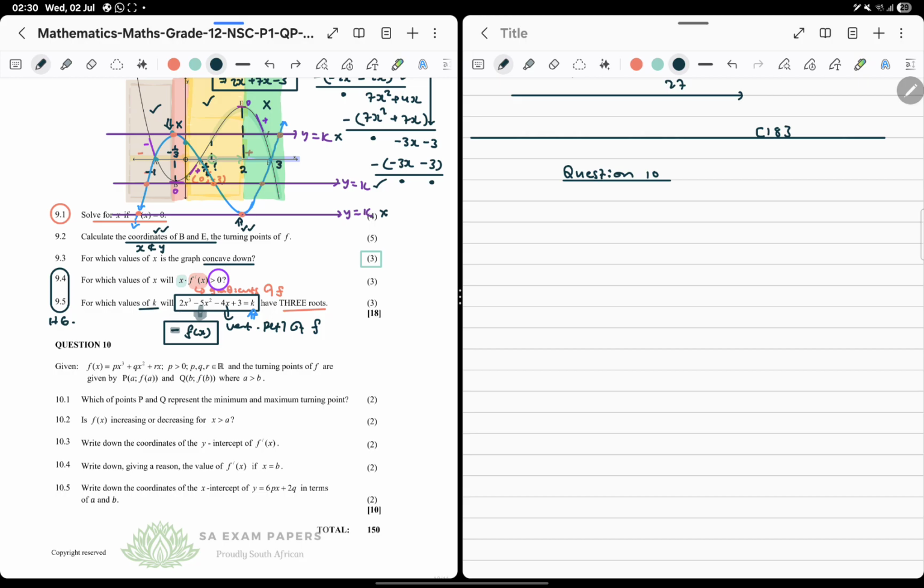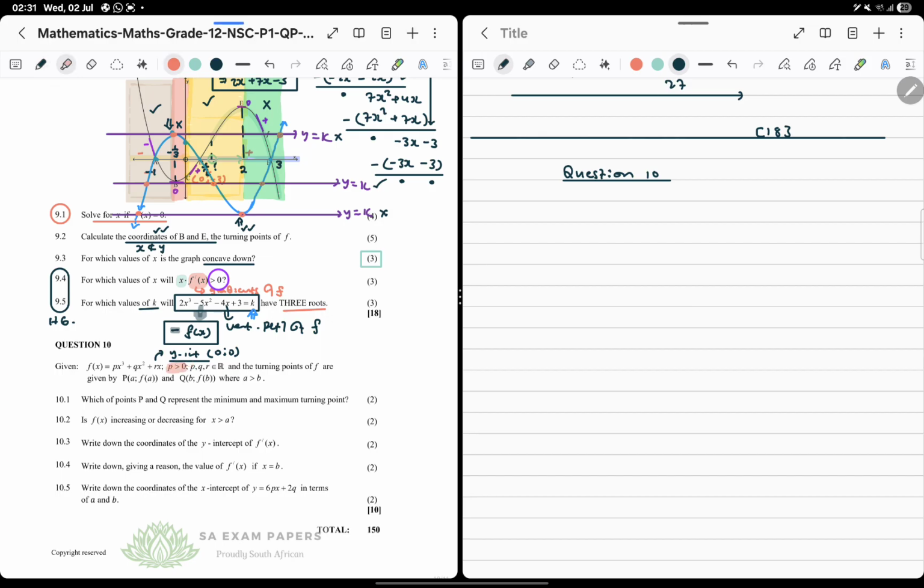Okay. Now question 10, we're given f of x is going to be px cubed plus qx squared plus rx. But what is important, we can clearly see that the y-intercept here is the origin. And this is also going to be another x-intercept, because we just have an rx, we don't have the constant. So this is the first thing we're going to get. And then we're told p is greater than 0.